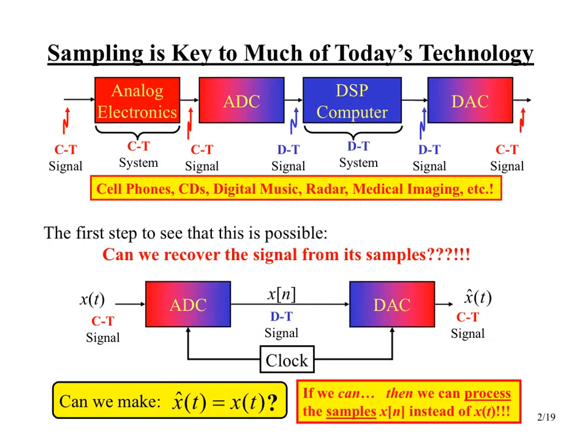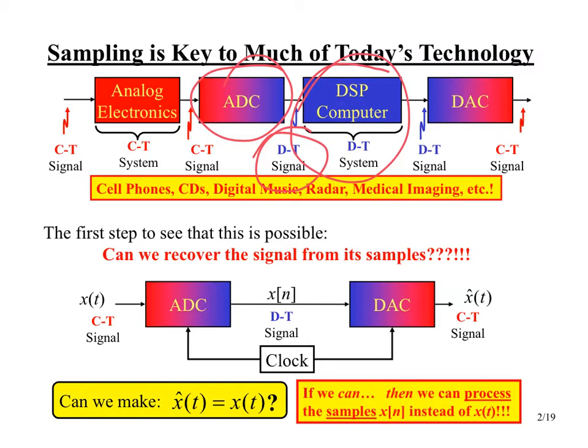Basically, what we're looking for in a DSP system is an A to D converter to create our discrete time signal to drive into our DSP computational system, whether it's an actual computer or just some hardware dedicated to doing DSP, it doesn't really matter.